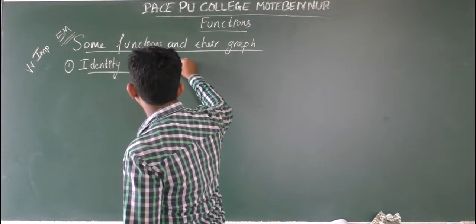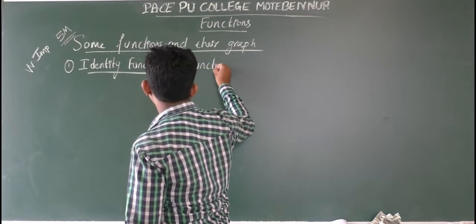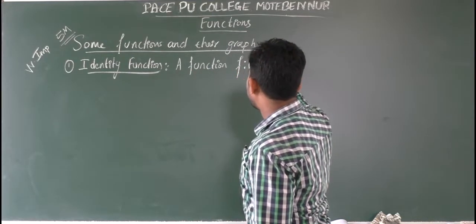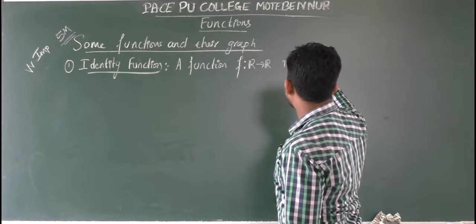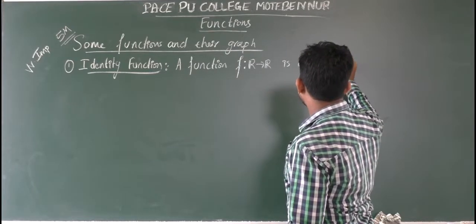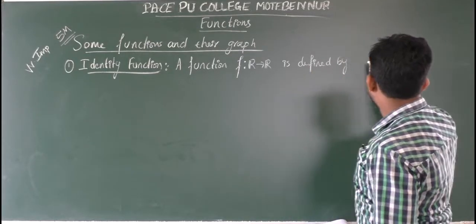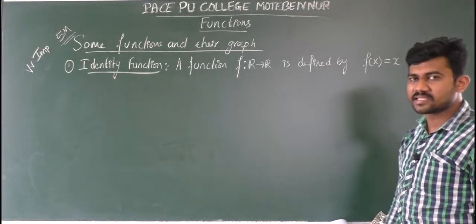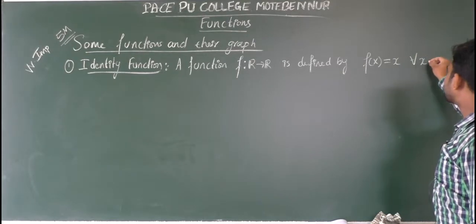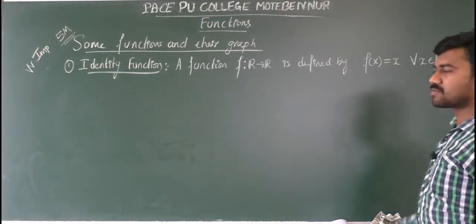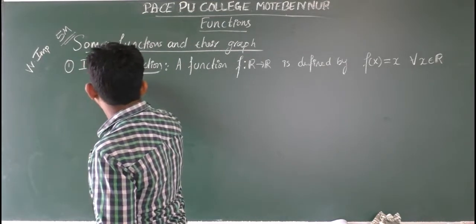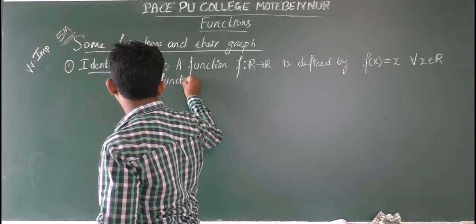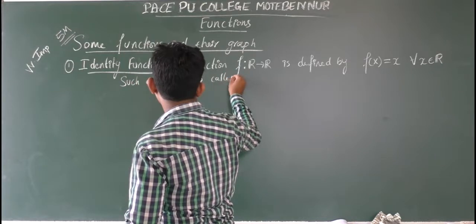A function f from R to R is defined by f of x is equal to x for all x belongs to R. Such a function is called an identity function.